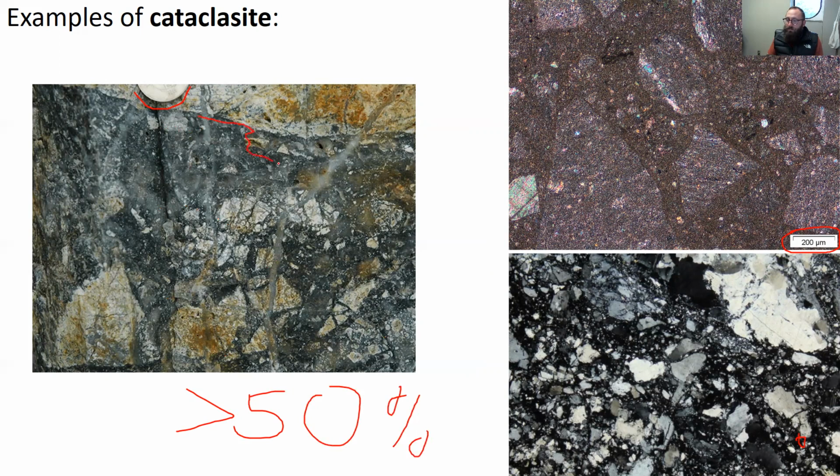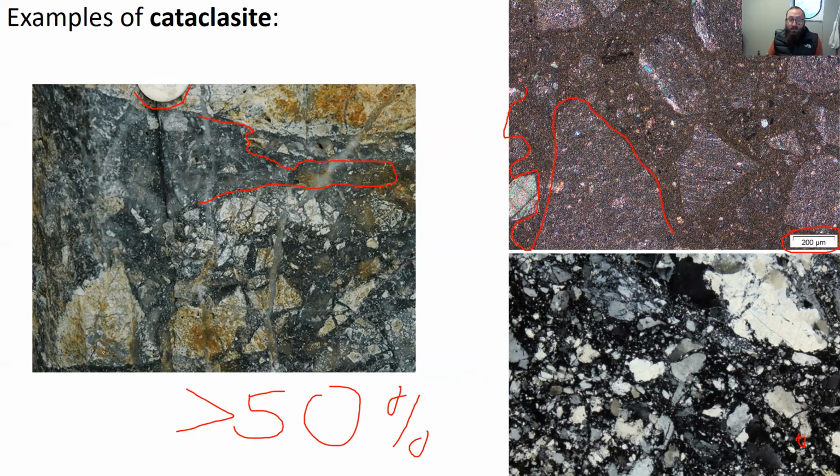Lots of matrix material between grains, and even in this thin section here, this darker colored stuff is matrix. So that matrix surrounds our brecciated clasts, and you can see the brecciated clasts pretty well at all scales in these pictures. And cataclasites are stronger and much more cohesive.